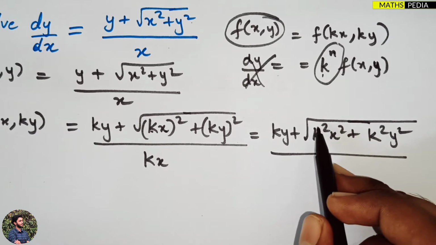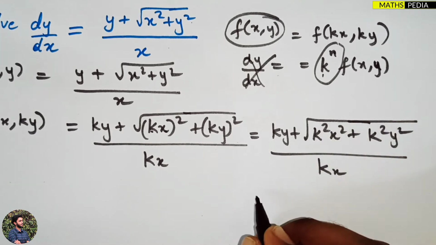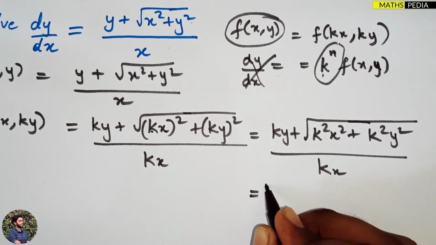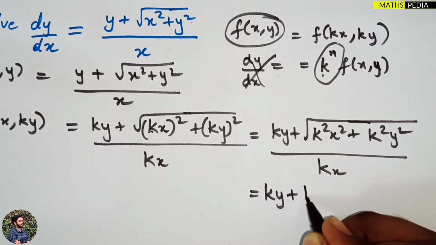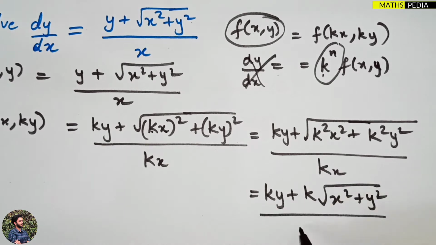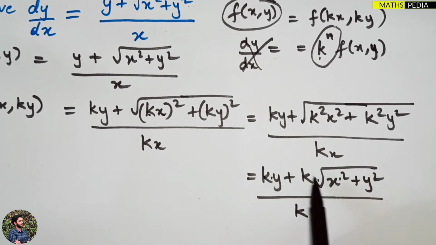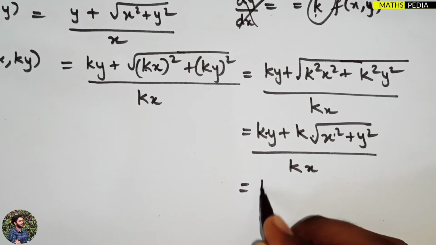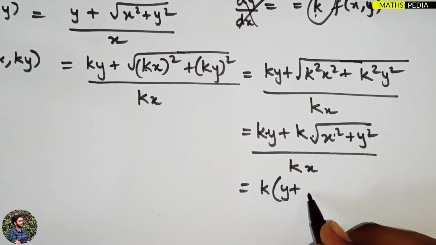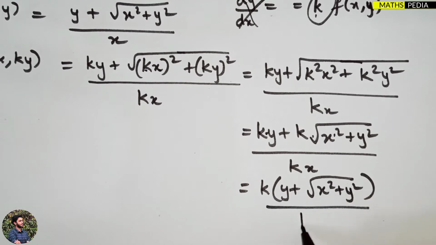Now from this I can take k square outside, so this will be ky plus k outside the square root of x square plus y square, whole thing divided by kx. From these two terms I can take k common, so this will become k into y plus square root of x square plus y square, whole thing divided by kx.